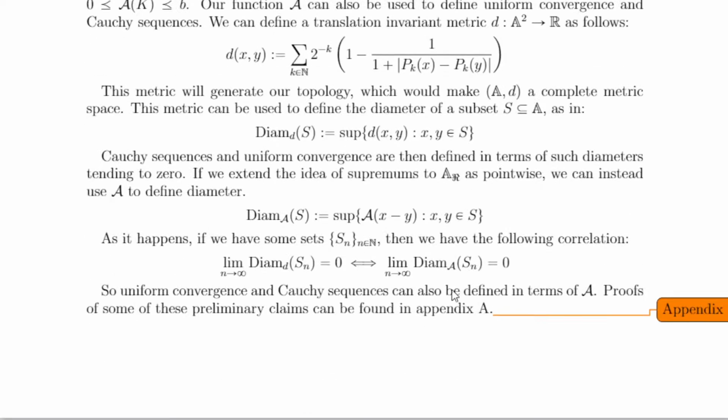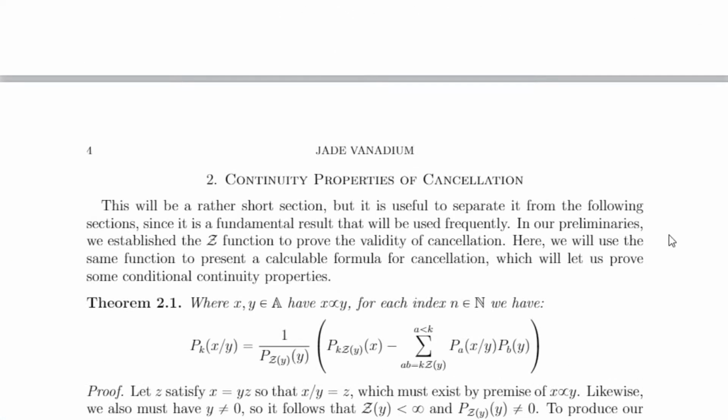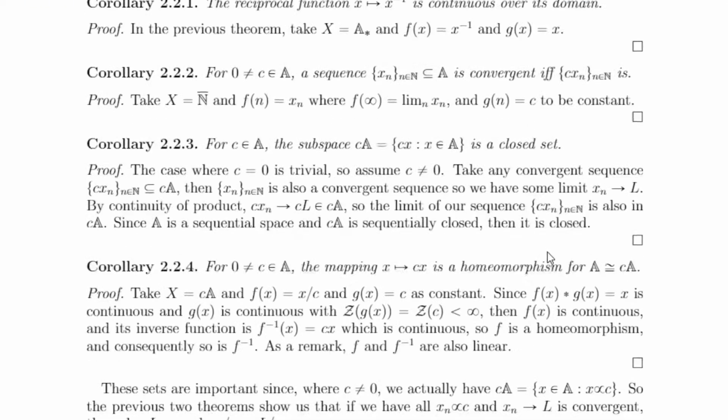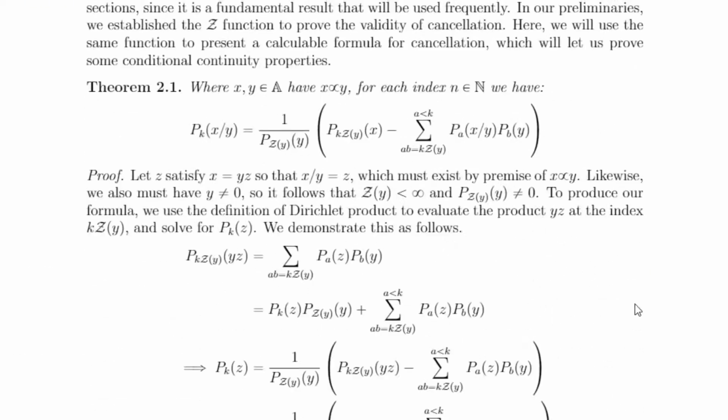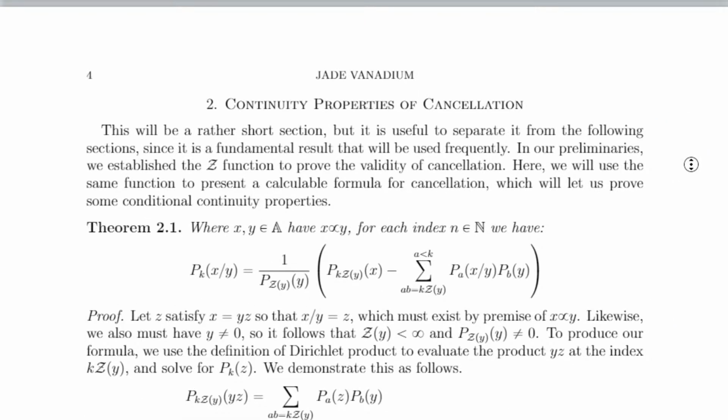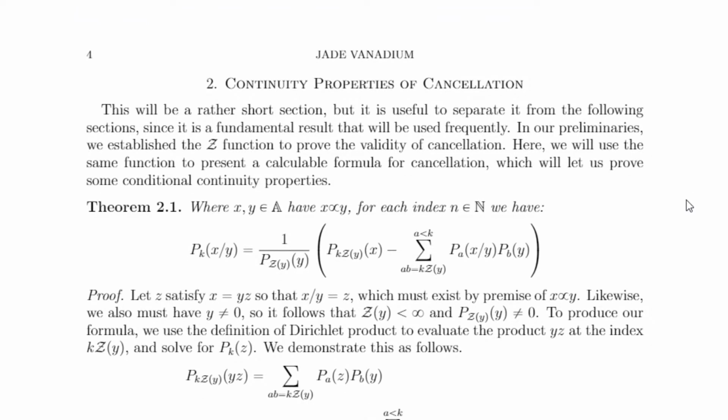So we have our second section. This one is also already written and done. This is the only other section that is properly done. The rest of them I will just have to start writing. In this section we're going to study more of our cancellation operation. As a recap, we said that if we have some x and y, this proportional-to relation means that x can be divided by y.